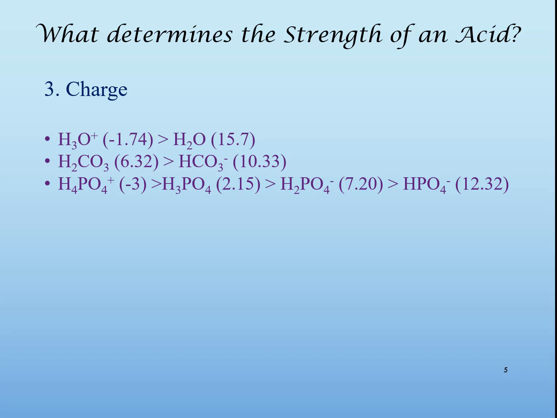Phosphoric acid itself is a weak acid. If you're protonating the phosphoric acid, we actually end up with a strong acid, H4PO4+. On the other hand, if we're removing protons and look at the dihydrogen phosphate and the hydrogen phosphate ion, those are significantly weaker acids than phosphoric acid itself.